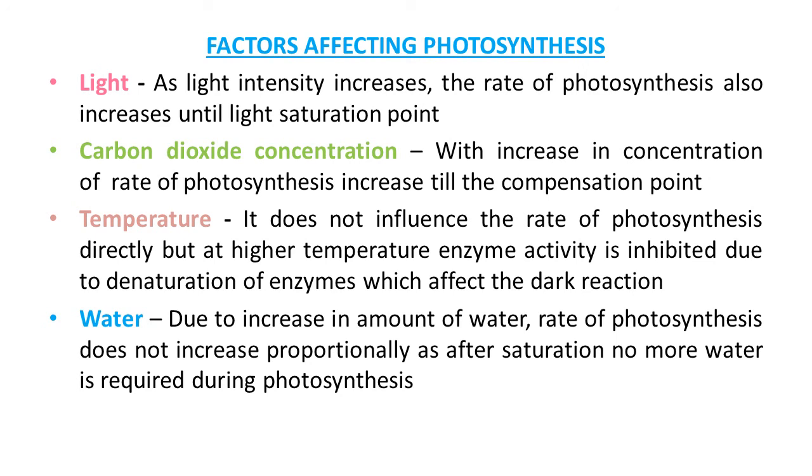The temperature optimum for photosynthesis of different plants also depends on the habitat that they are adapted to. Tropical plants have a higher temperature optimum than the plants adapted to temperate climate. This way, temperature is also one of the factors affecting the process of photosynthesis.